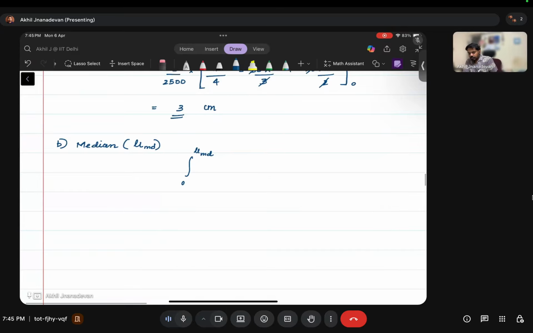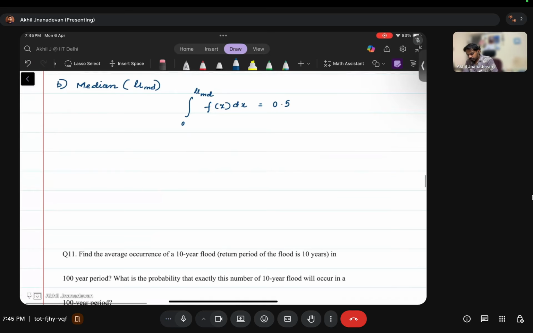So integral 0 to mu D of f of x dx, this is the probability of this particular range will be 0.5. So 0 to mu D is 0.5, then mu D to the other extreme will be also 0.5 because the total probability is 1, right? So in this way, we can solve for median.